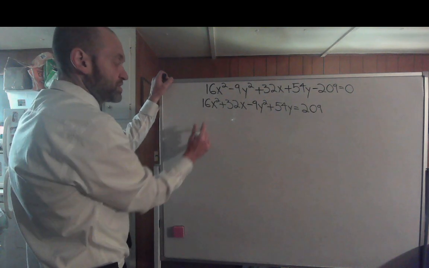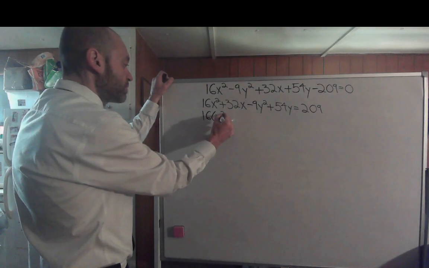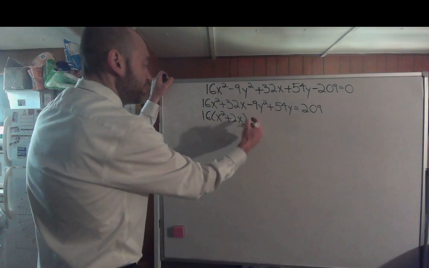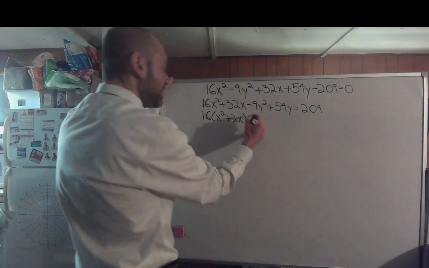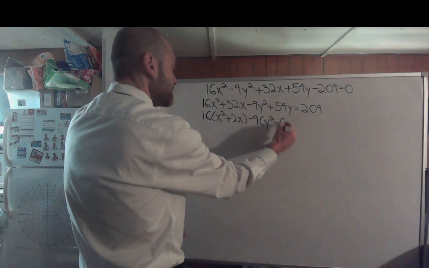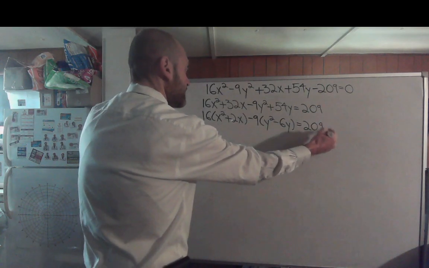Now let's factor out the 16 on the x's. So you would have 16 times x squared plus 2x. Factor out the negative 9 on the y, so you'd have minus 9 times y squared minus 6y equals 209.